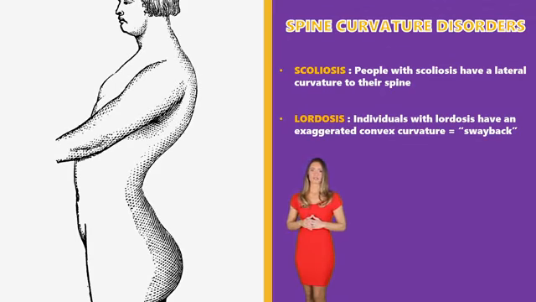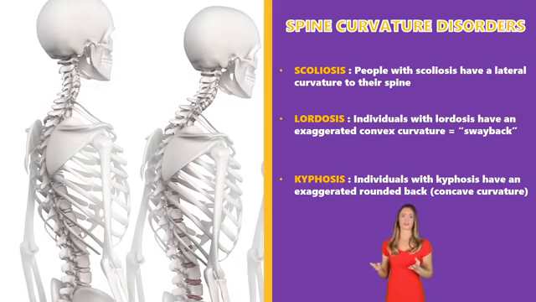Individuals with lordosis have an exaggerated convex curvature of their spine. Essentially, their spine curves inward at the lower back. This condition is also termed swayback. Kyphosis is another disorder, and individuals with kyphosis have an exaggerated rounded back or concave curvature.